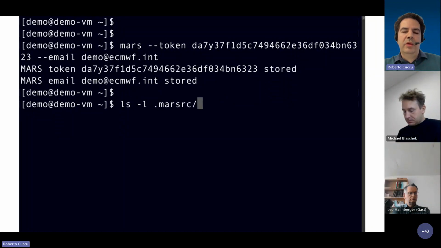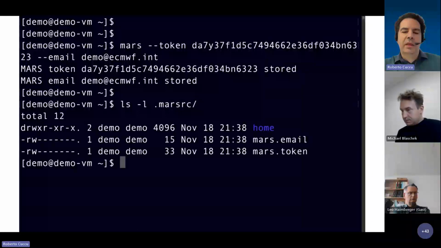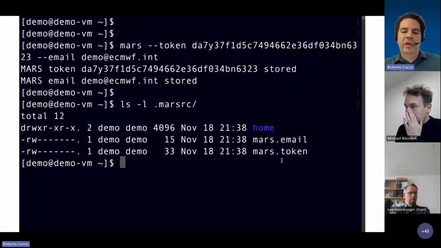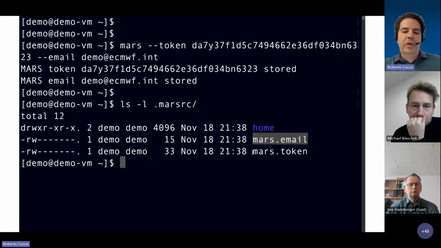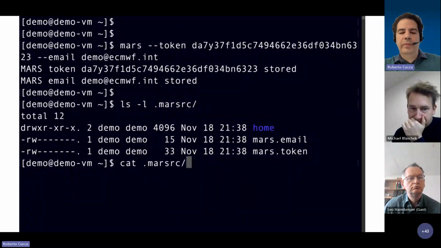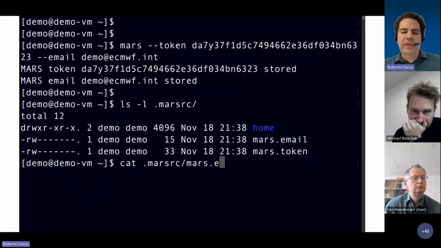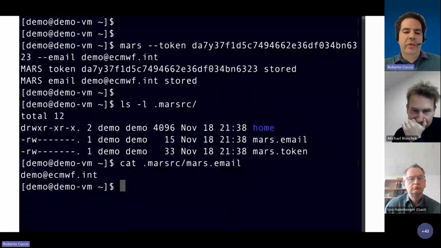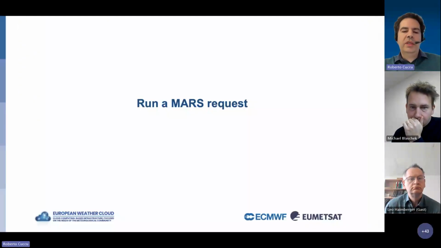Then you can see also the internal Mars hidden directory where your token and email credentials are stored, which will be used for authenticating you and getting you access to Mars. Then you can see also, for instance, the Mars email. You can review that. So with just that, we are ready to run a Mars request through the virtual machine.